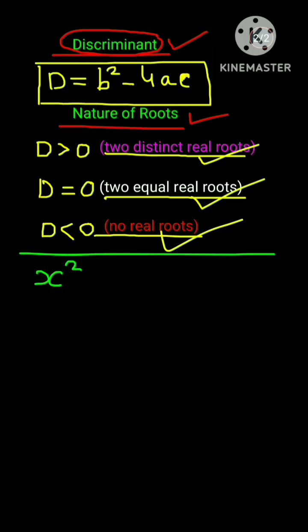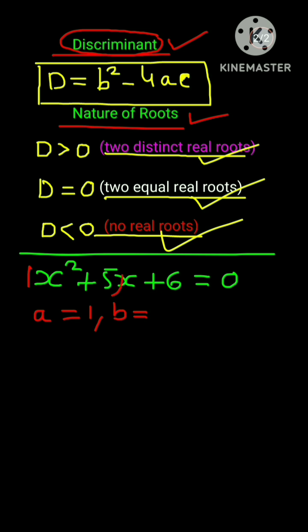Firstly, in this equation we have to assume a equal to 1, b equal to plus 5 and c equal to plus 6.